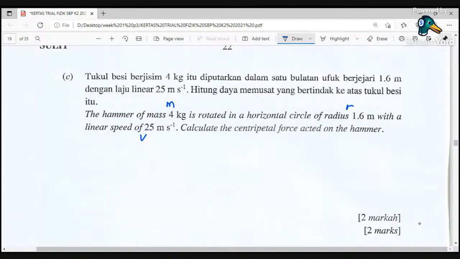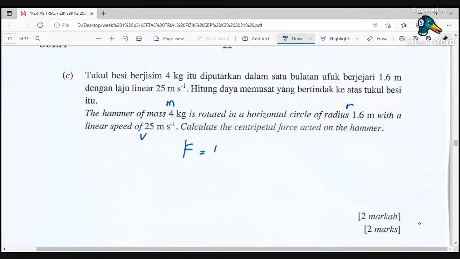Formula for centripetal force, F equals to mv squared divided by r. Okay, mass in kilogram is 4, v is 25, divided by r, 1.6.